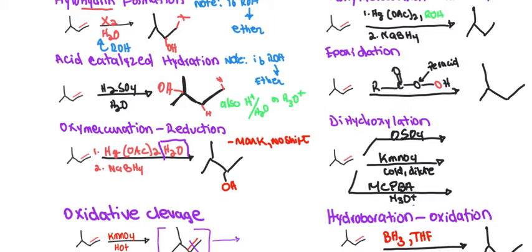For oxidative cleavage, please know that this one is in hot. You have permanganate in hot, notice here. So what you're going to do is break this alkene bond in half. You're going to use the first half that is going to contain the entire carbon bond.